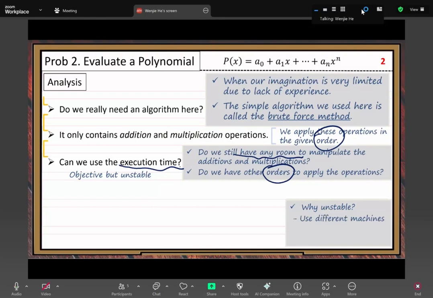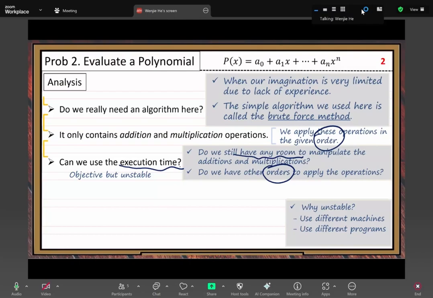So then, with different computer hardware, that number could be different, although you execute the same program. So that's one thing. But even on the same machine, different programmers may write different code, right?